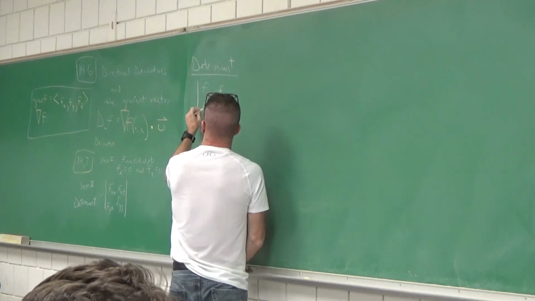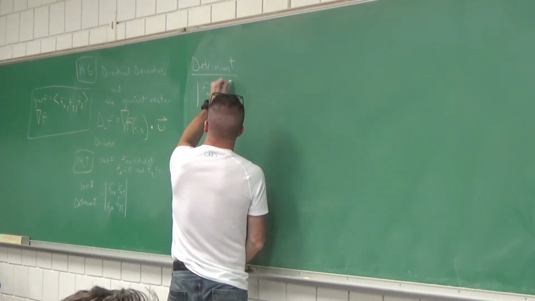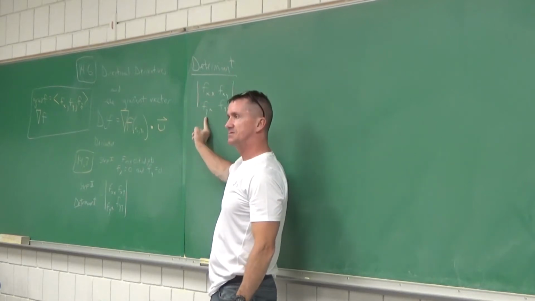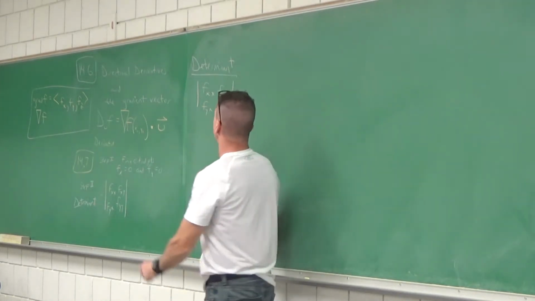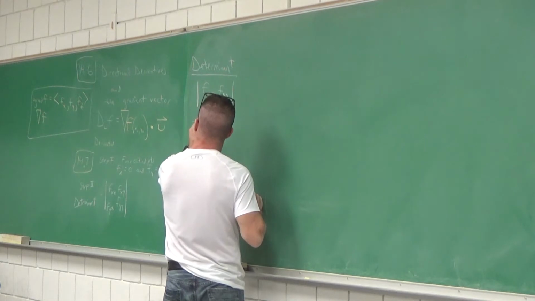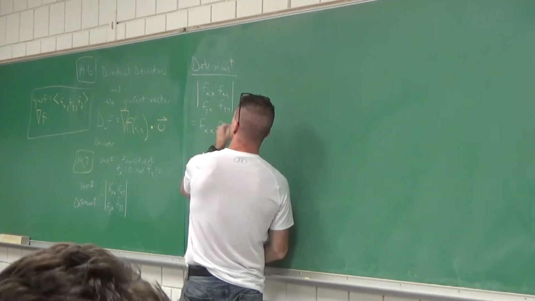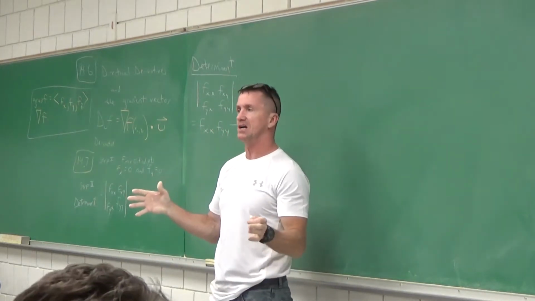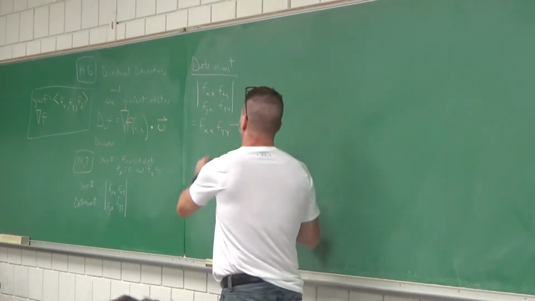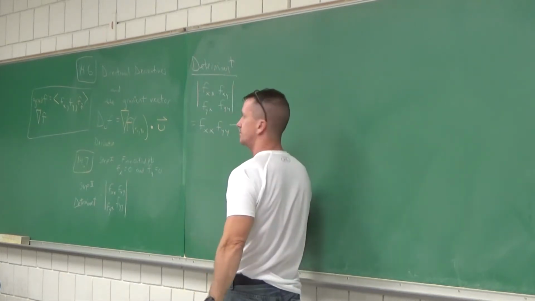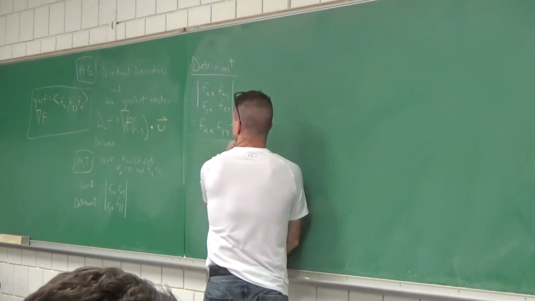The determinant of this matrix is this times this minus this times this. So what does this formula tell us? fxx times fyy minus, isn't fxy equal to fyx by Clairaut's theorem? So I'll just write (fxy) squared. There you go.